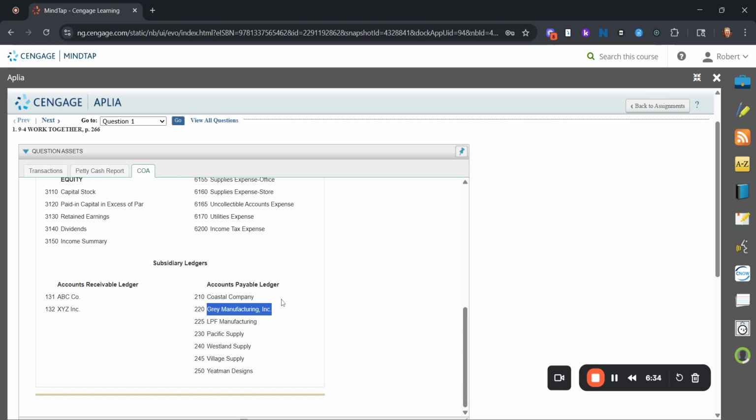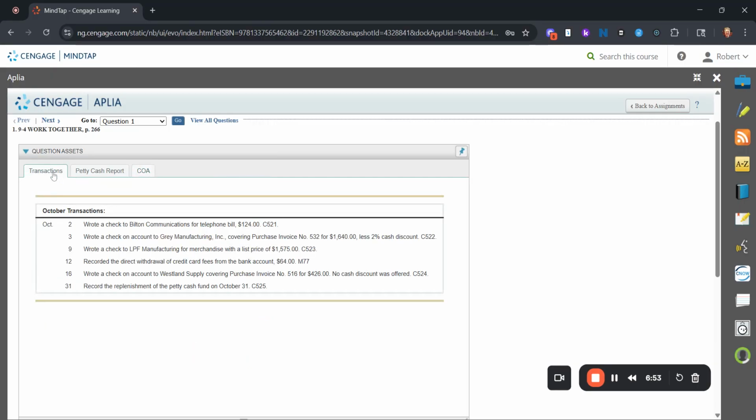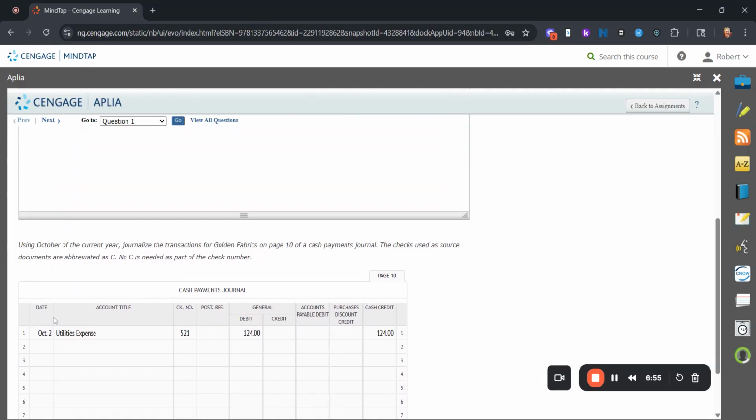Because the assumption is going to be that since it's listed as an accounts payable ledger account, the default title would be accounts payable Gray Manufacturing, but since it's already listed as a ledger account, we don't need to use the words accounts payable. So we're just going to put in Gray Manufacturing. So put the date.